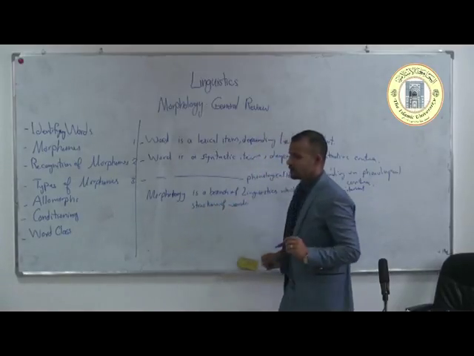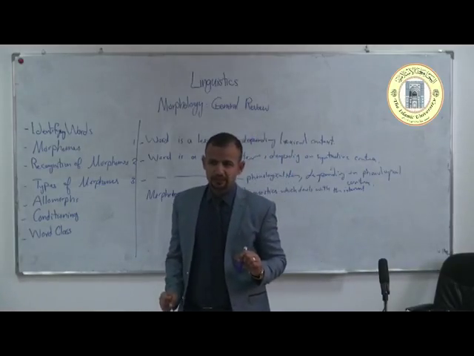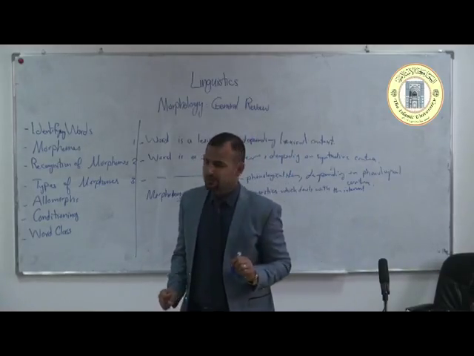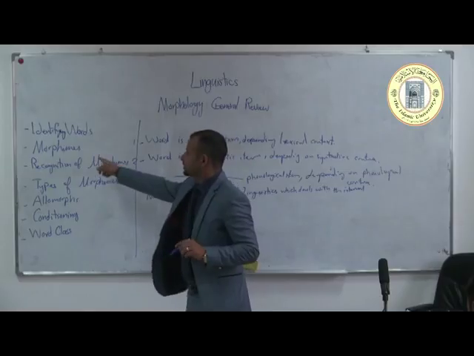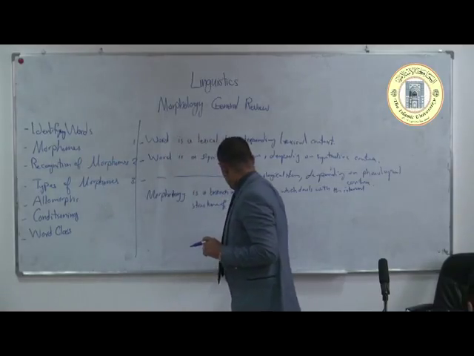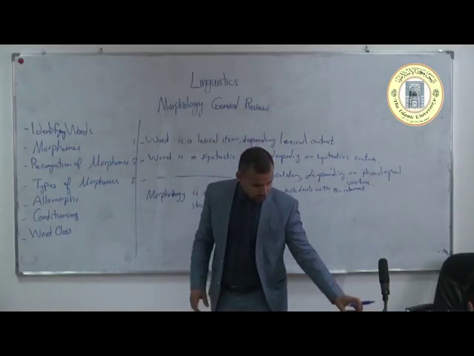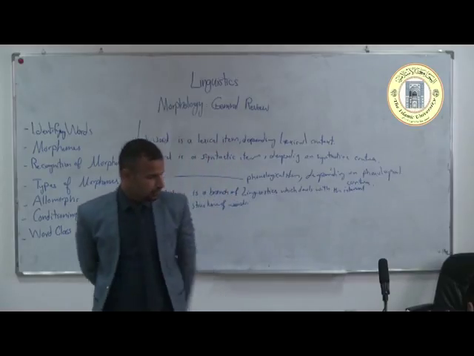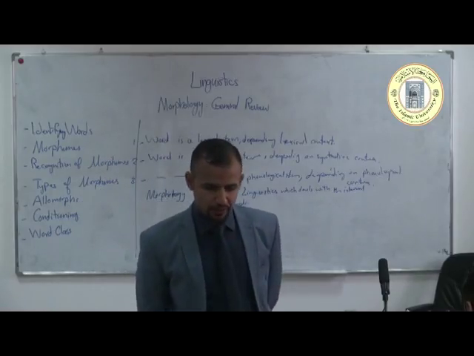Good. Now, what is the smallest unit of morphology? Yes, the morpheme. So the morpheme is the smallest meaningful unit in morphology.